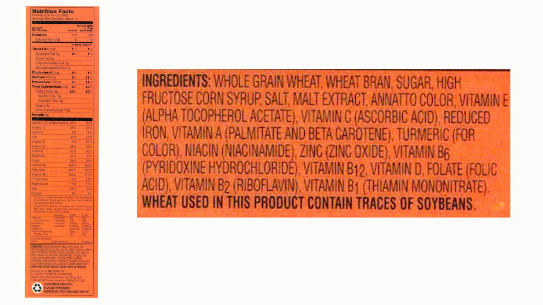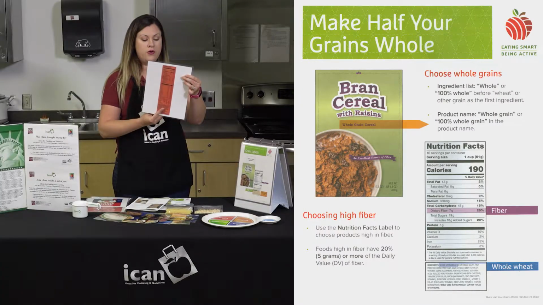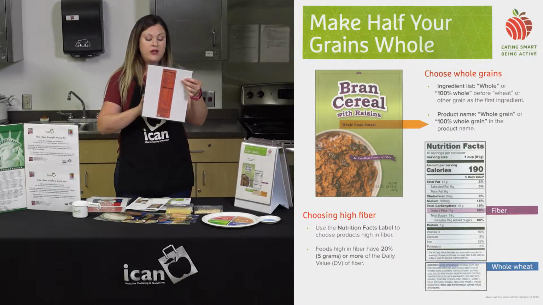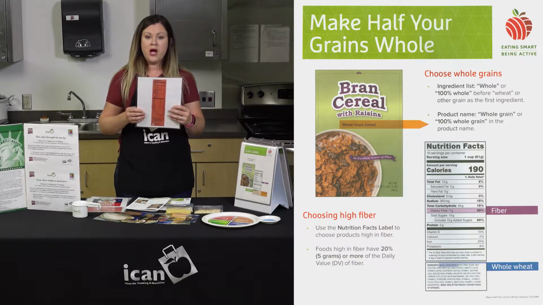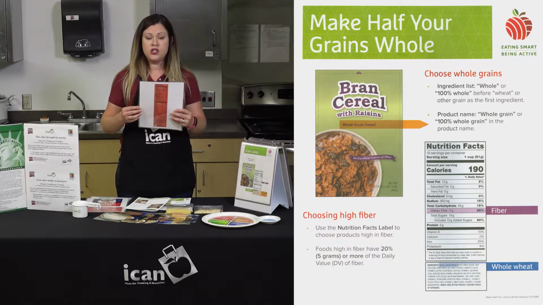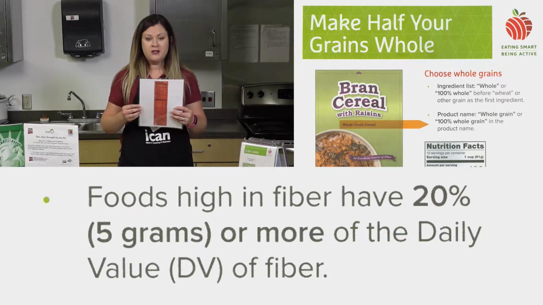So this confirms to us that it is a whole wheat product, 100%. Then we want to make sure that if it lets us know that it is an excellent source of fiber, we remember our daily percentage should be at 20% or higher per serving.